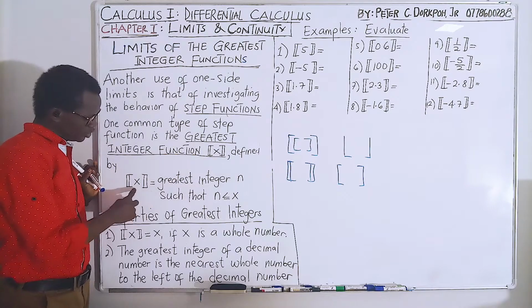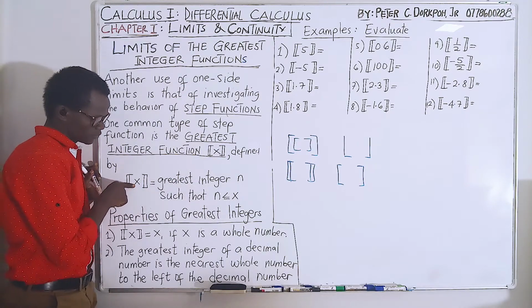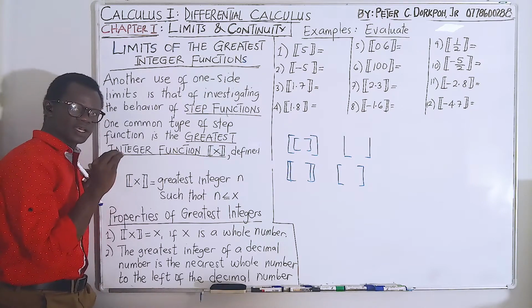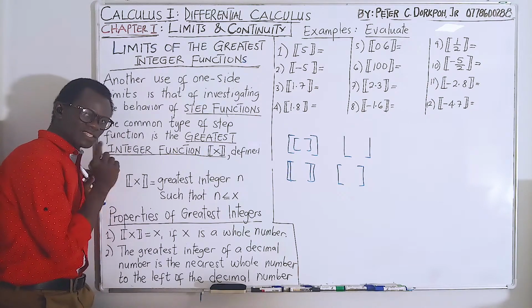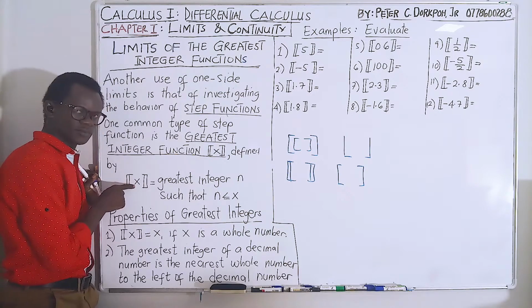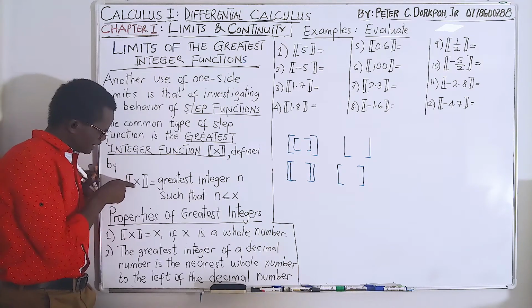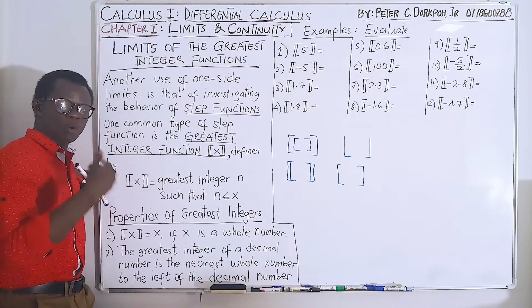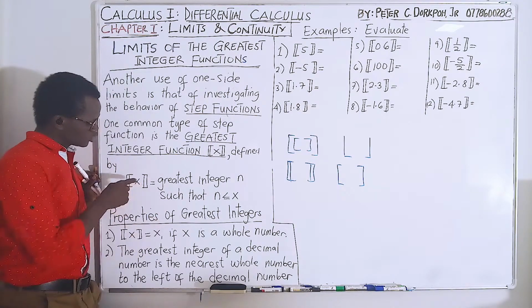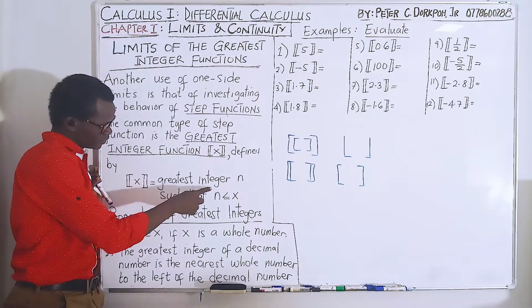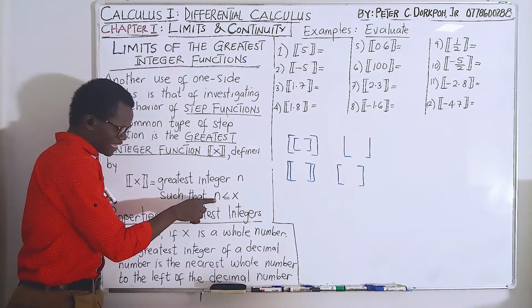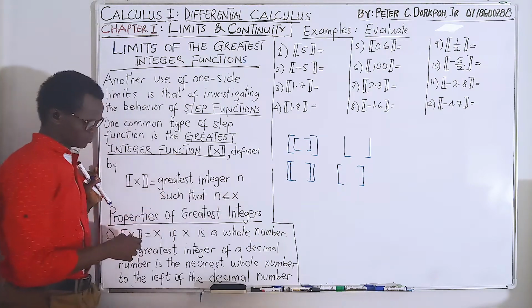The greatest integer of x is that number that is less than or equal to x. So we say the greatest integer is n such that n is less than or equal to x.